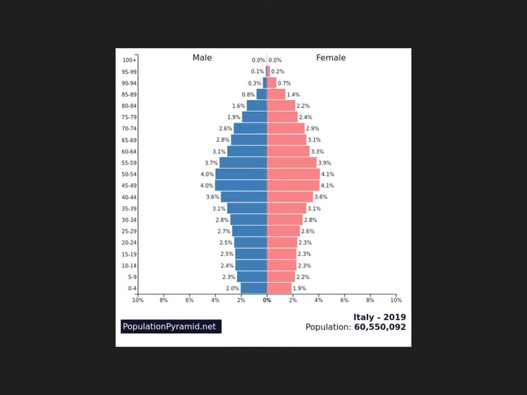We see here also that Italy has a higher percentage of both males and females in the higher age categories, all the way up from 50 to 60, up into even the 80 and 90 year old categories. So compared to most other countries, again, the top of the age structure diagram is expanded.